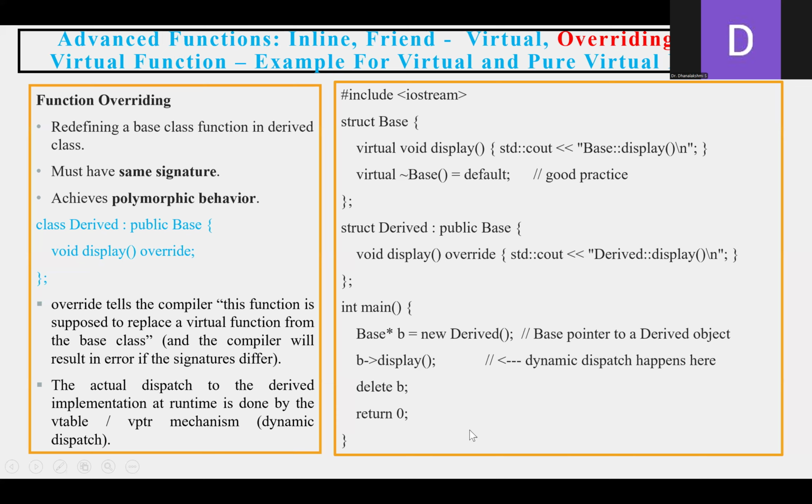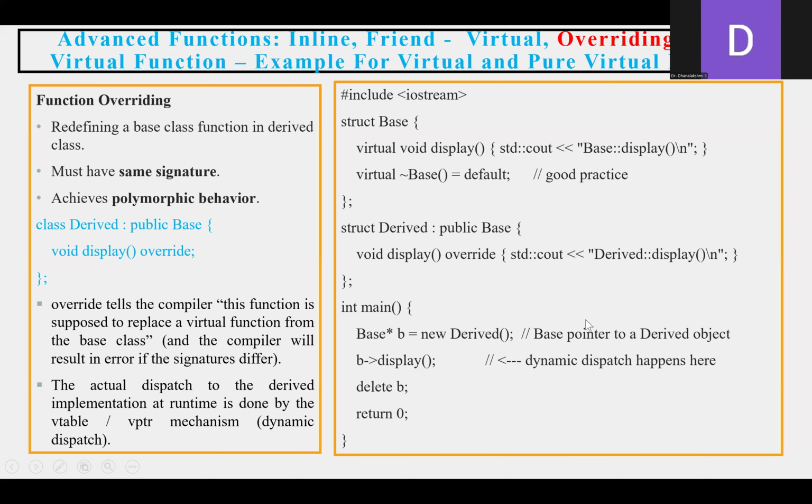When I call b->display, the virtual function mechanism ensures that the derived version is executed at runtime and not the base version. Finally, I delete the pointer b. Because of the virtual destructor which we have used, the derived object is safely destroyed here.